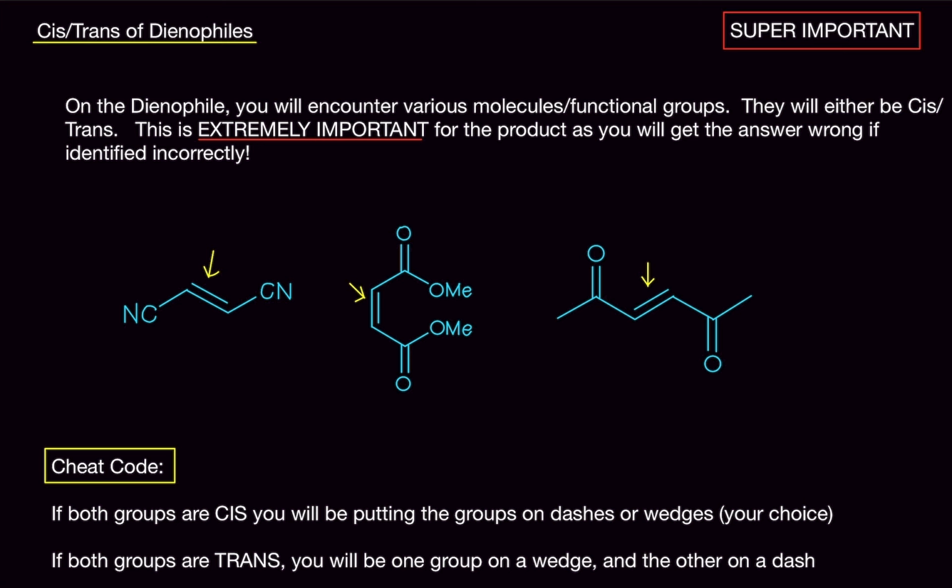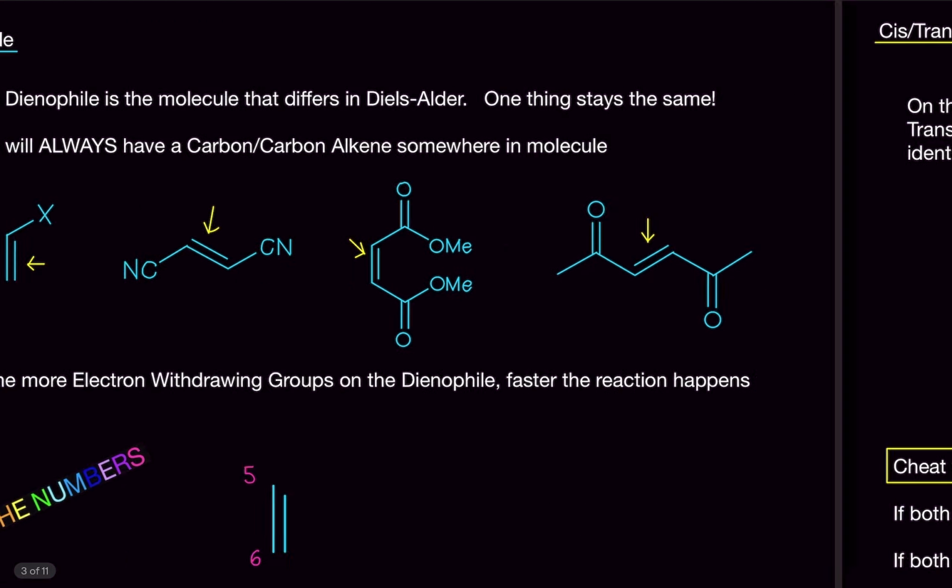Now this is probably one of the more important slides of this entire thing. On the dienophile, you will encounter various molecules and functional groups. They will either be cis or trans. This is extremely important for the product, as you'll get the answer wrong if you don't identify it correctly. Okay, so let's back up for a second.